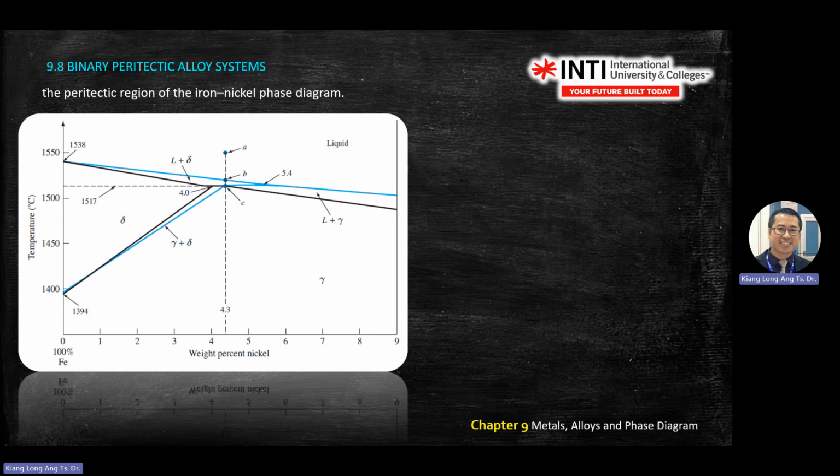So here is gamma, and this line here is gamma plus delta.